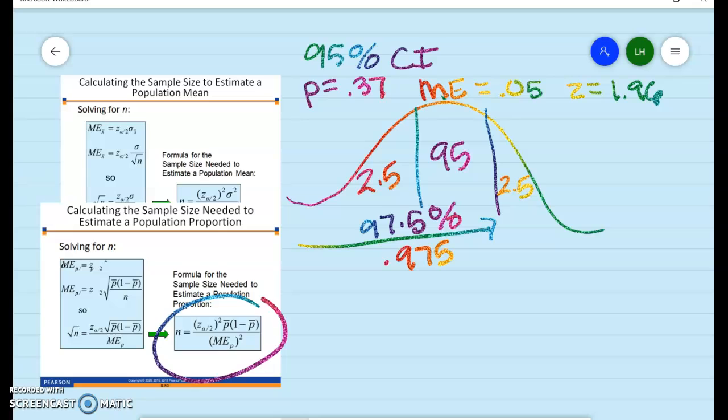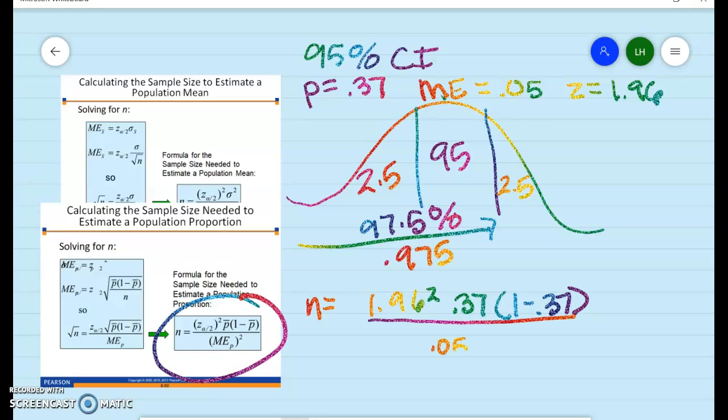So now we're going to plug in our formula. 1.96 squared times p, which is 0.37, times 1 minus 0.37, divided by your margin of error. We want our margin of error to be 0.05, and we're going to square that.